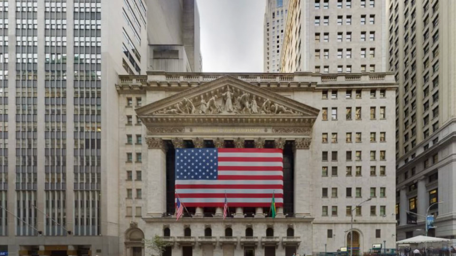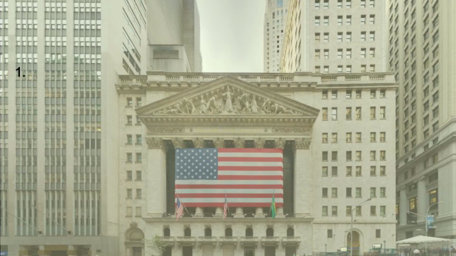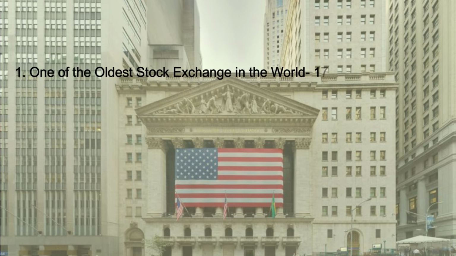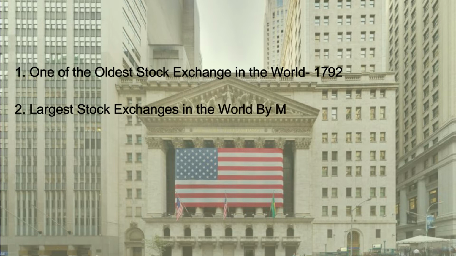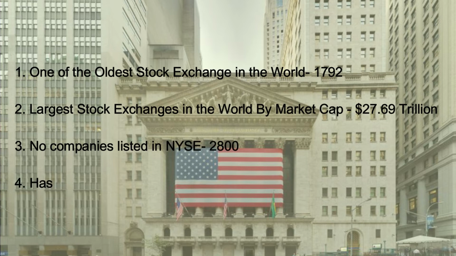So let's have some major points on the New York Stock Exchange. It is one of the oldest stock exchanges in the world, started in 1792. It is the largest stock exchange in the world by market capitalization, at 27.69 trillion US dollars. The number of companies listed on NYSE is 2,800, in fact more than that, and it has a trading floor even today.